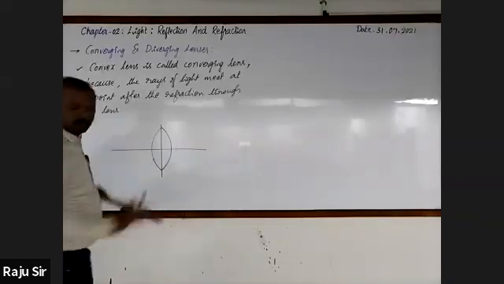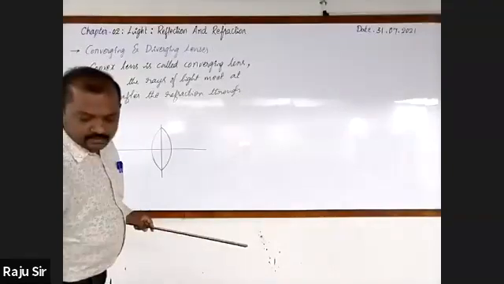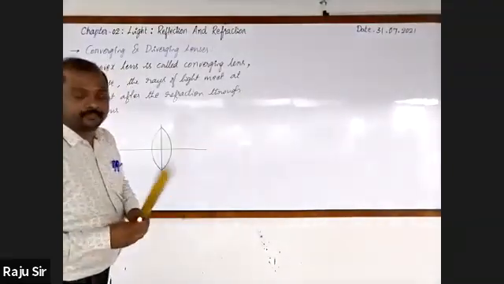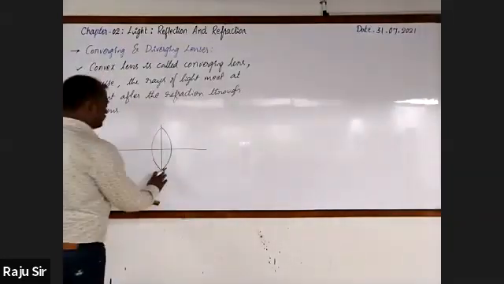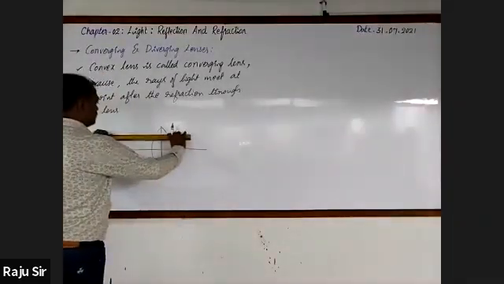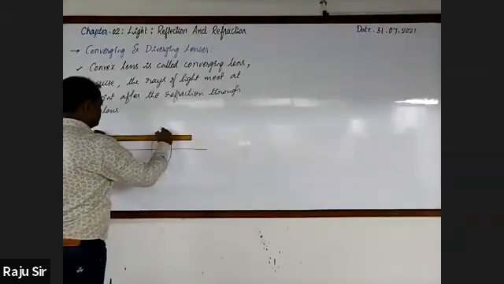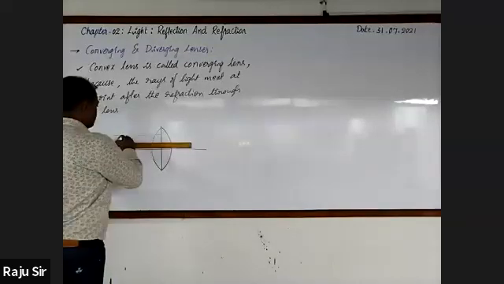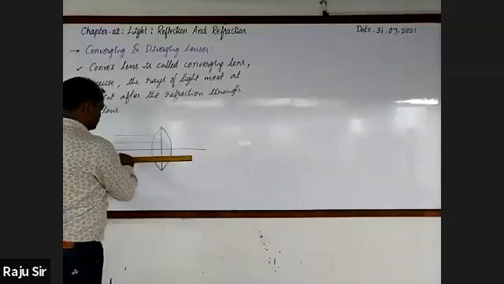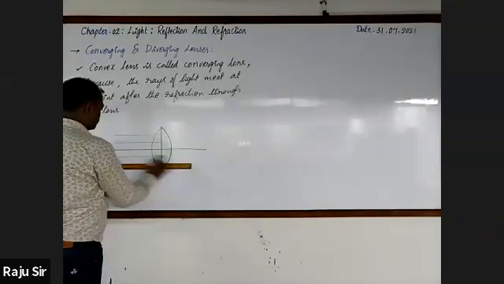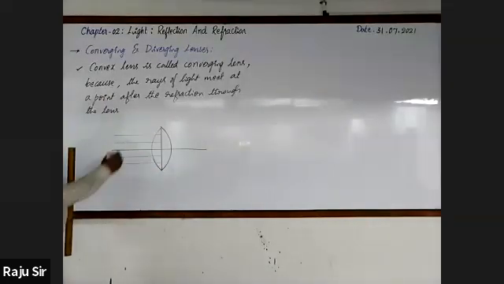Then draw the rays of light. Just a few rays of light. This is the first one and the second one, third one, fourth one. These are the 4 rays of light coming from the source.